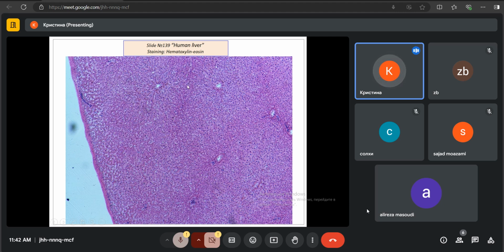And also here at the periphery of the lobules, we have the so-called terminal plates of hepatocytes, where we have the stem cells for hepatocytes. So the liver, as well as other digestive glands, contain cells of growing type of population. If you remember, we have three types of populations according to their ability to renew themselves.